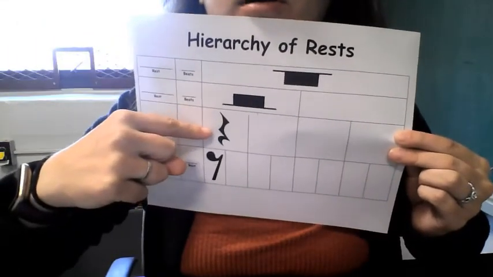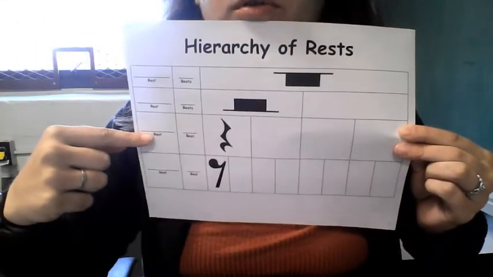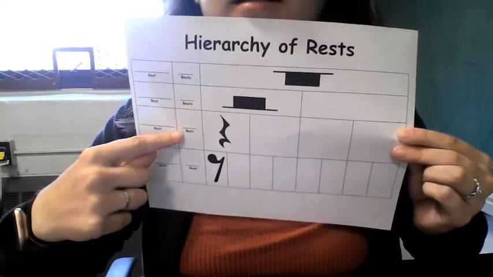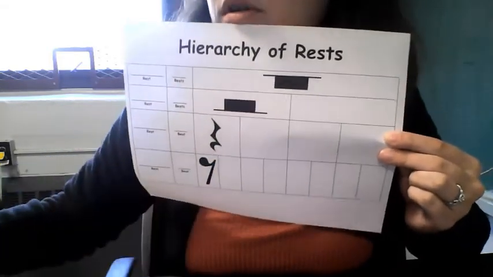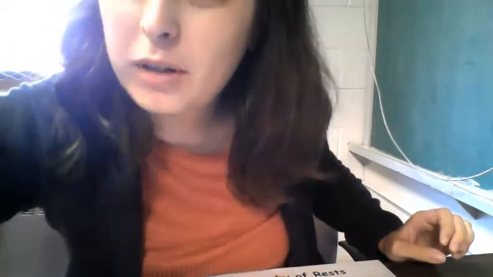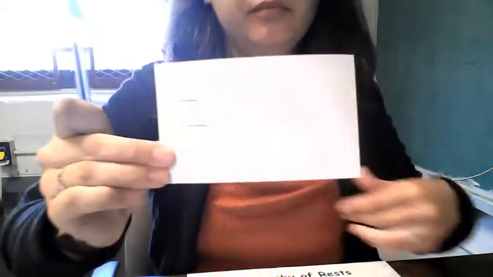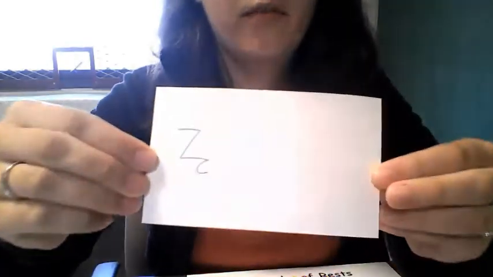Next we have our quarter rest, so quarter, 1 beat. Now when you're drawing your quarter rests, there's a trick. Let me get a piece of paper and I am going to show you an easier way to draw them. The paper makes it look so hard, but it's not. First you're going to draw a Z. And then under that Z, you're going to draw a lowercase c.